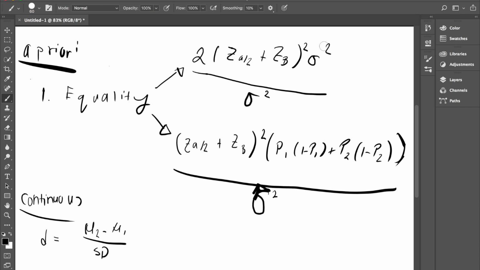So we know the standard deviation, but we're trying to estimate the effect size, right? This is our effect size. It's the difference that we're expecting to see. Well, what we can do for our estimated effect size is take a Cohen's d value and multiply it by the standard deviation.